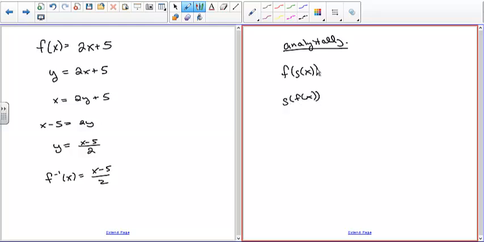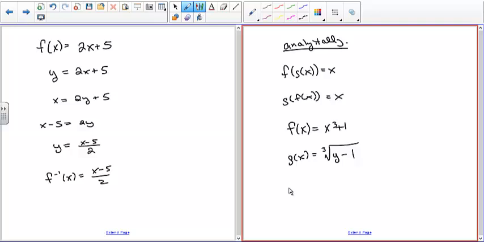And for them to be inverse functions, the result has to be x. So let's say f of x is equal to x cubed plus 1, and g of x is equal to the cube root of x minus 1.